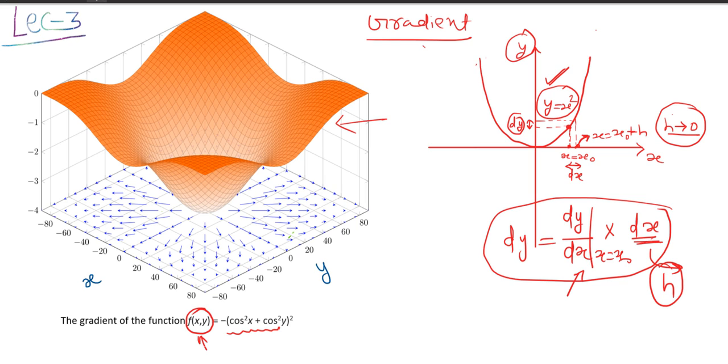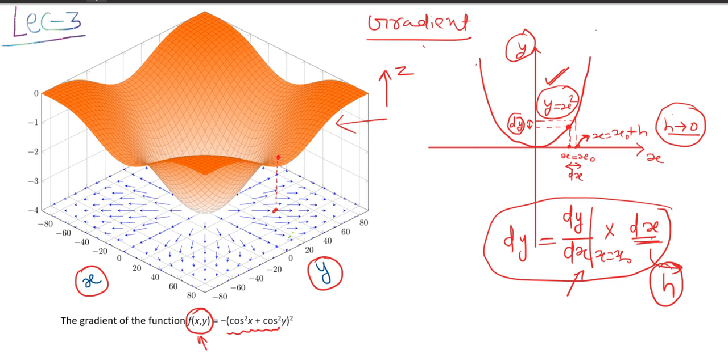Okay, so what does that mean? f(x, y) means when you put any point in the xy plane, you will find a certain amount of z distance. So this is our y axis and this is our x axis. This z axis is in the upward direction.